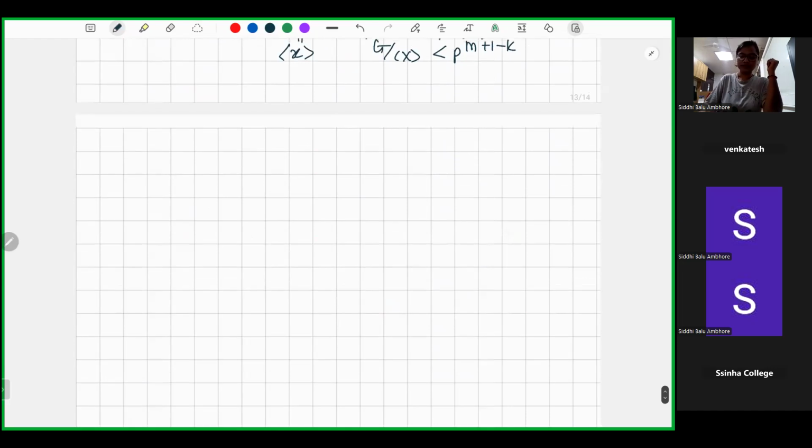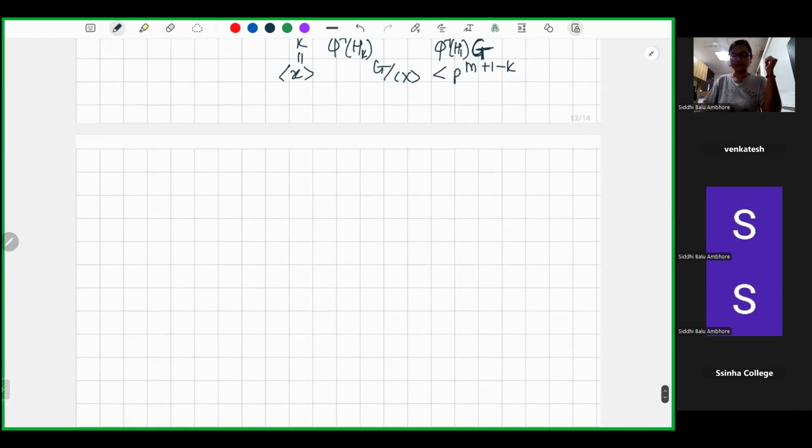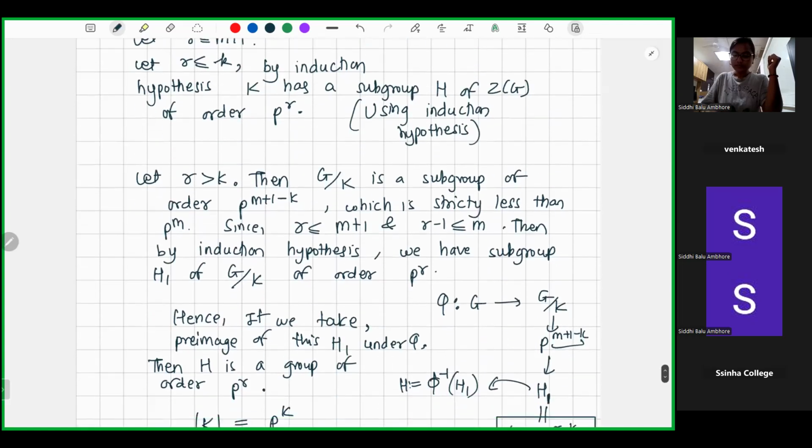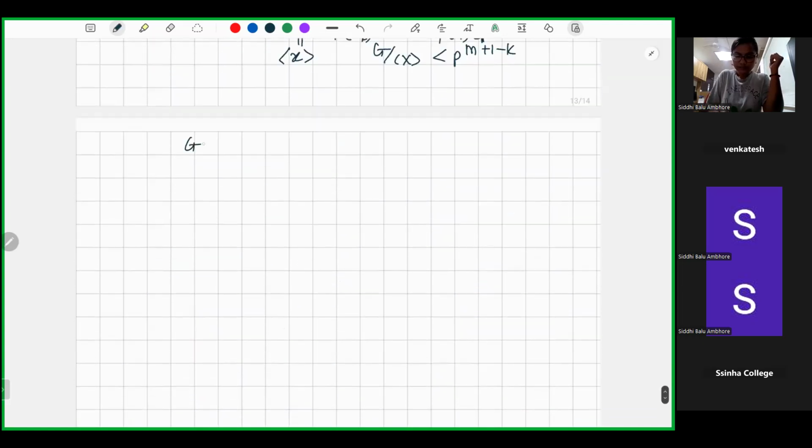So see what we have. If there is no doubt, please let me know. Otherwise, I'll just give you a review. This group here, G quotient K, is of order p power m plus 1 minus k, right? And then this r I'm choosing greater than k. And I want to talk about a group of order p power m. So if r is less than or equal to m plus 1, this implies r minus 1 is less than m.